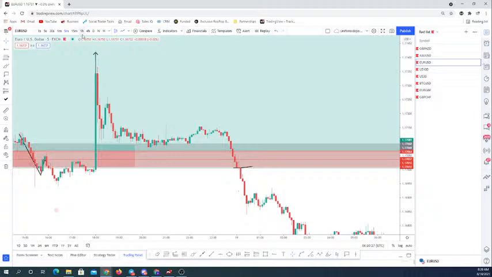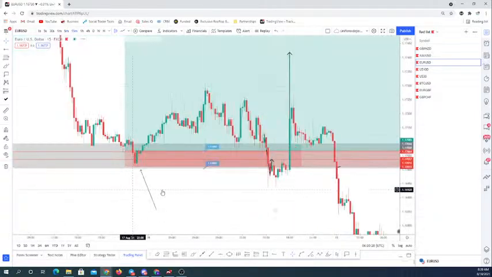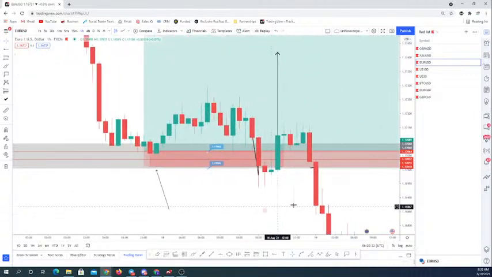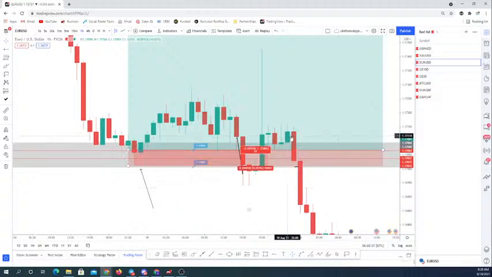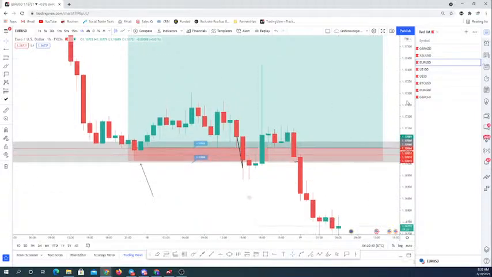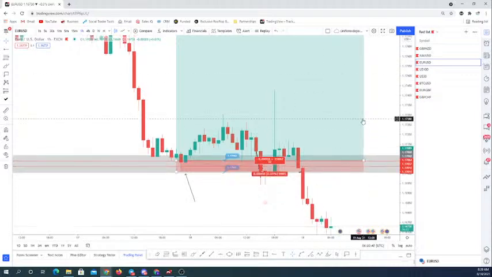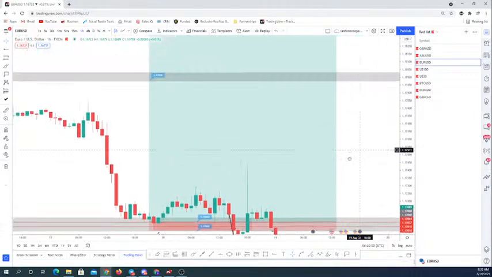Let me use the 15-minute, go to the hourly. But the point of the Wushu toolbox for such moves, especially if you're not on your PC, is that it'll basically partial for you and move your stops. By the time price started coming down, you'd be out of the trade.